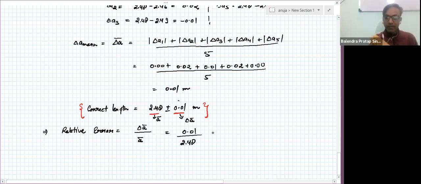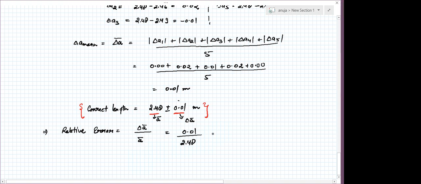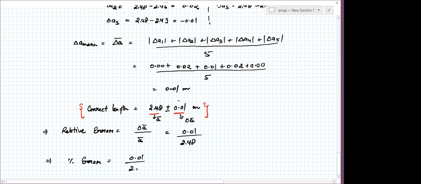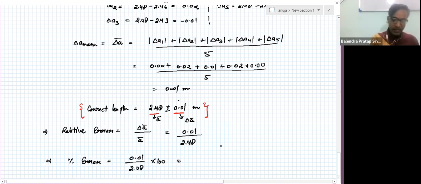And what is percentage error? Into 100. So in our next part, which is percentage error, it's 0.01 divided by 2.48, into 100, which is 0.40%. So you can write your result in the form of percent.